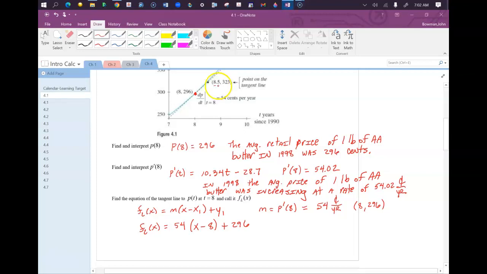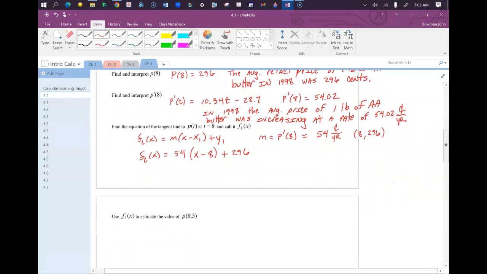I'm going to demonstrate that if we plug 8.5 into FL of x, we should get 323, which is an estimate for P of 8.5. So use FL of x to estimate P of 8.5.